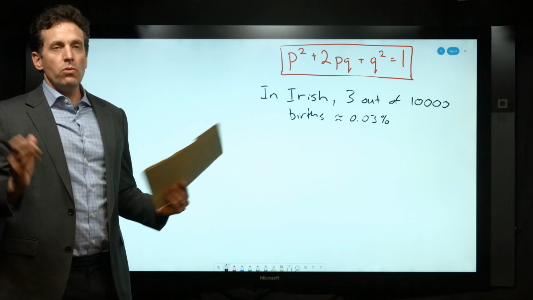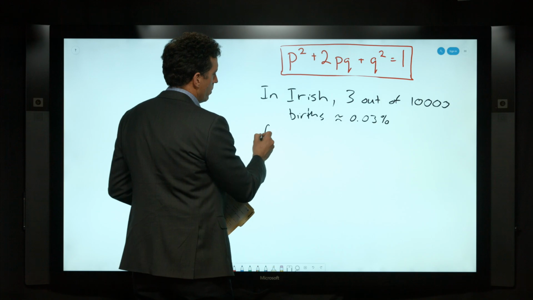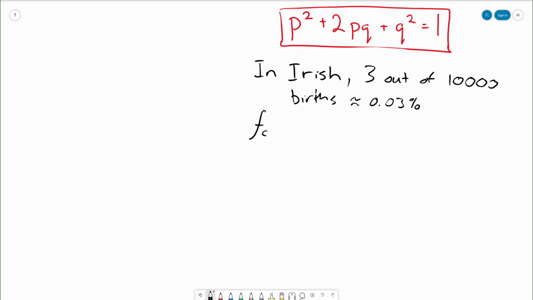And so we know the genotype for cystic fibrosis, so this information tells us that the frequency of the CFTR homozygous mutant genotype in the Irish population is 0.0003.